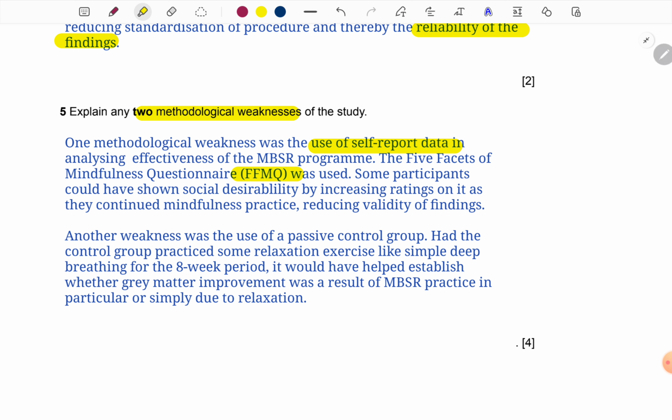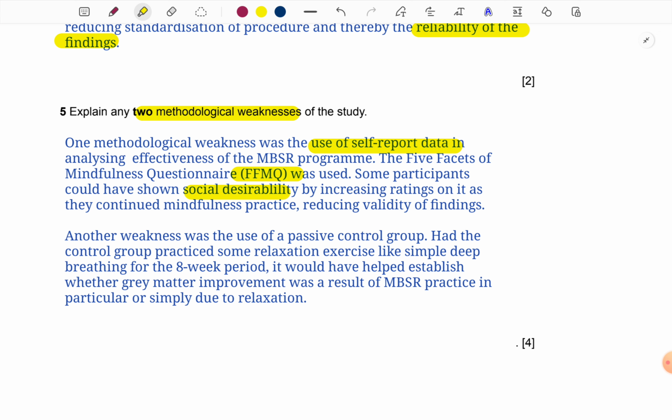Now the problem with self-report as such, there are multiple problems that we could address. For now I have taken social desirability. Other possible issues you could take is response bias, them just answering the questions mindlessly, that's one thing. Or you could take not remembering at the point of answering exactly how much improvement is there, not being able to estimate correctly, or not being able to express properly.